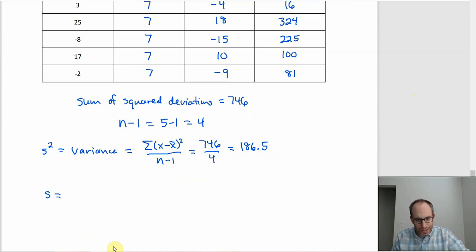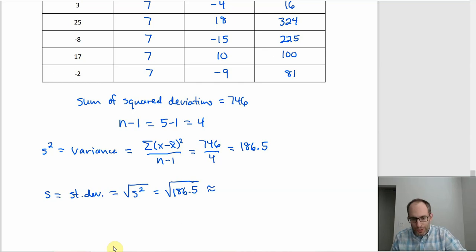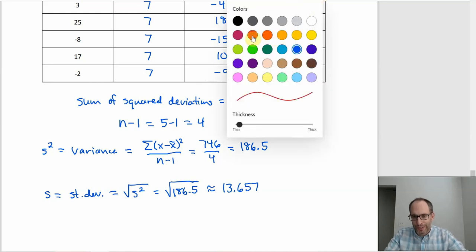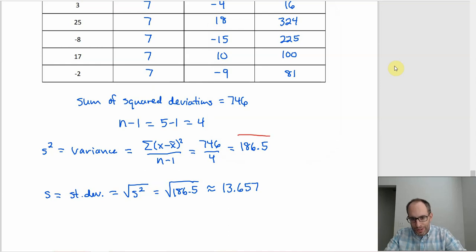Then s, our standard deviation, is the square root of s squared, the square root of 186.5, which works out to be roughly 13.657. All right, so we've got our two answers. There's s squared, there's s, done.